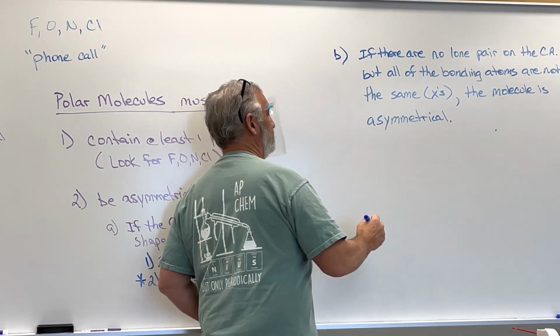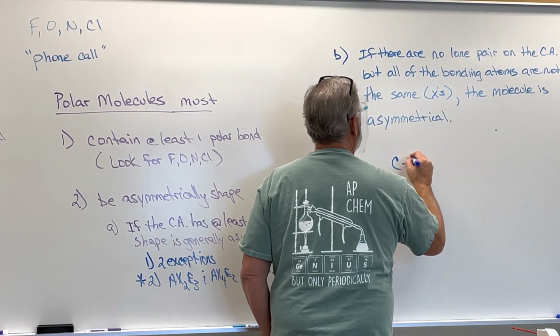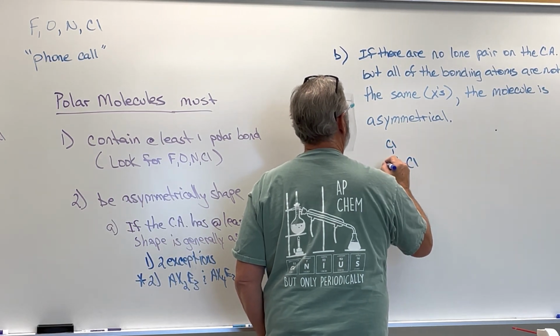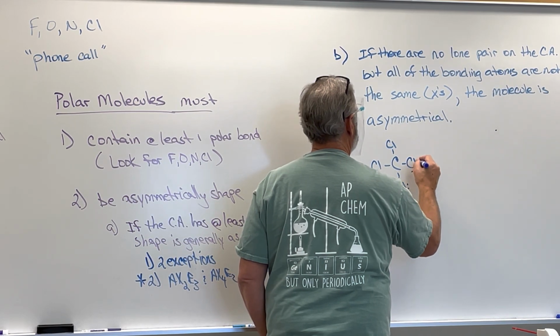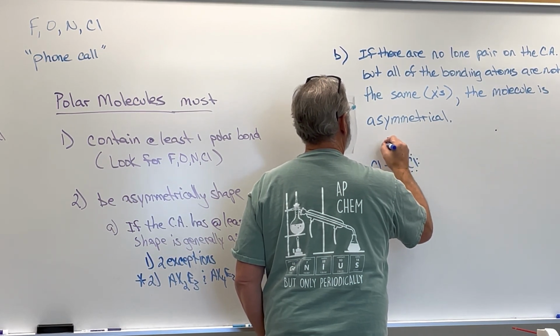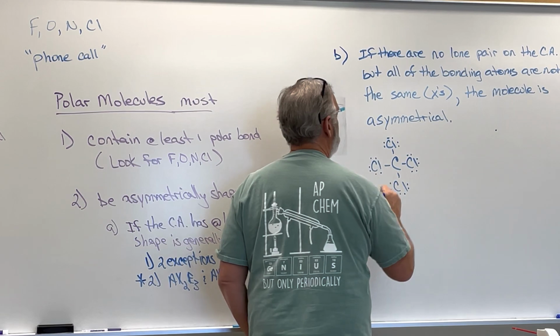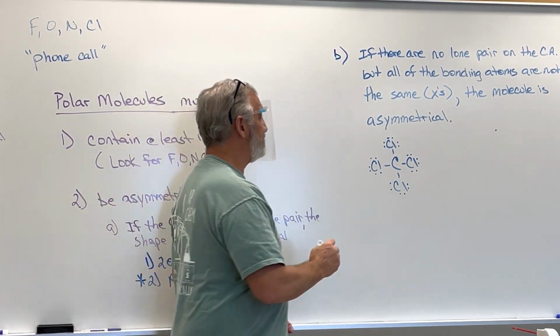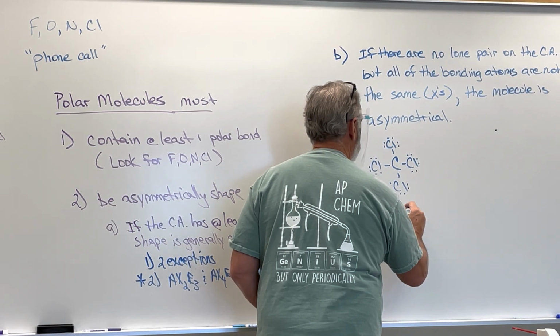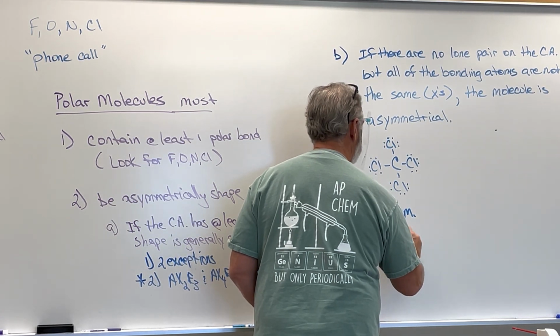For example, CCl4. There are no lone pairs on the central atom. This is a symmetrical molecule. If it's symmetrical, it's automatically nonpolar.